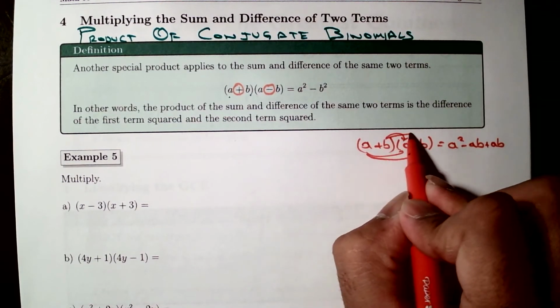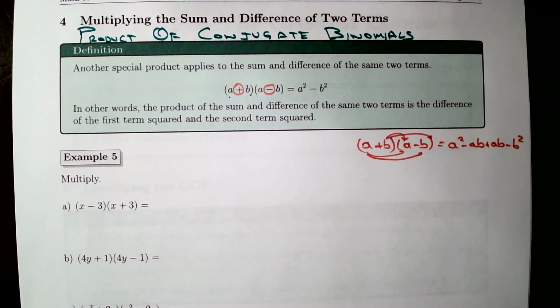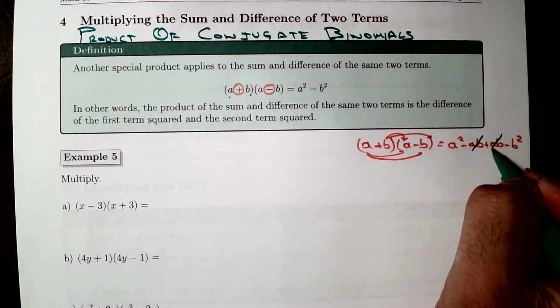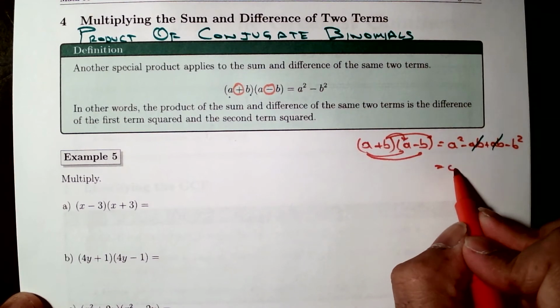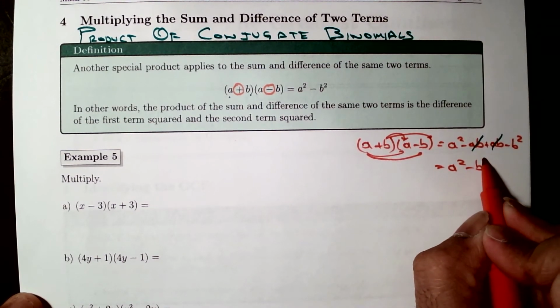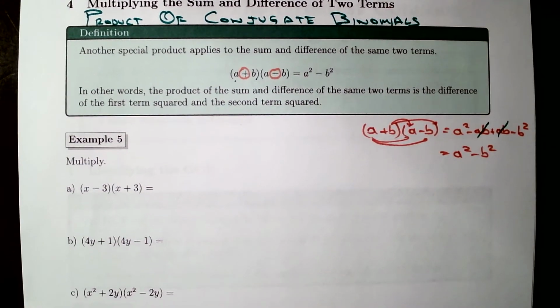And finally, B times negative B, that's negative B squared. Notice in this case how these terms AB and AB cancel each other. That leaves us with A squared minus B squared, which is the form that we have here.